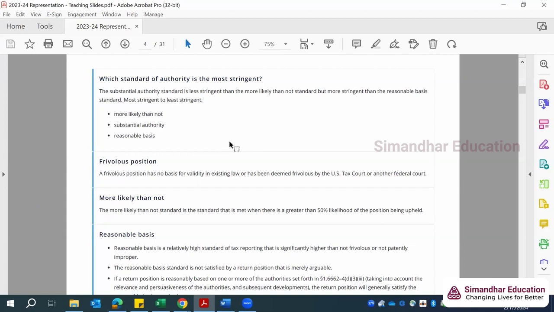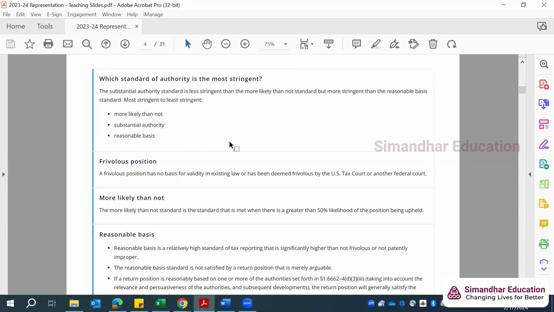Reasonable basis means, now as I mentioned, please don't get too bogged down with all the terminologies that we are covering. I'll try to decode and explain these terminologies as much as I can, because this subject is about the do's and don'ts. So it will come with a lot of law language and a lot of tax terminologies.